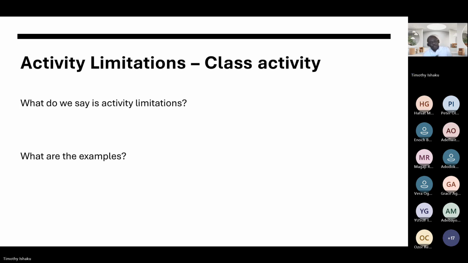So unable to do X, Y, Z. What are examples of activity limitations that you will set? You can link it to your impairment level, or you can create a new one, it's all fine.